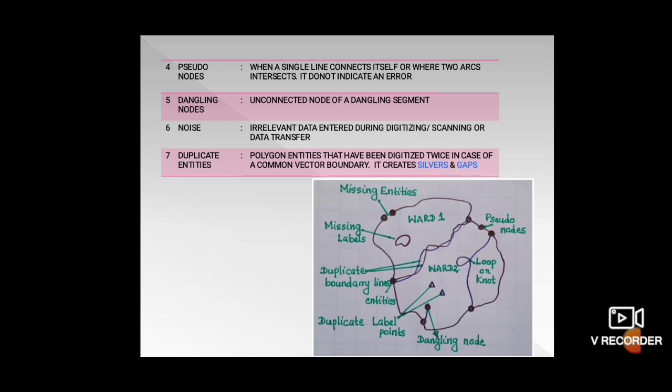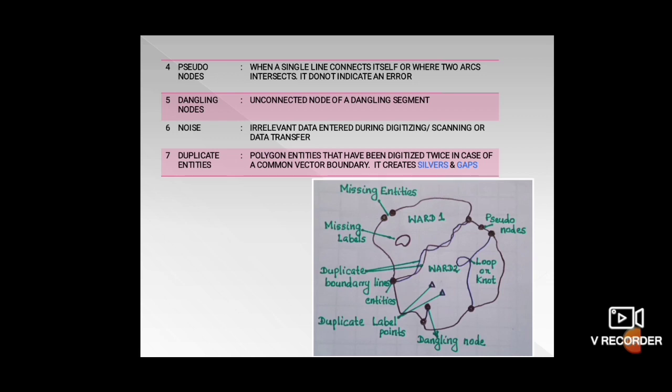Duplicate entity is a common error that occurs in spatial data. It generally occurs when polygon entities have been digitized twice in the case of a common vector boundary. This is a very important case.